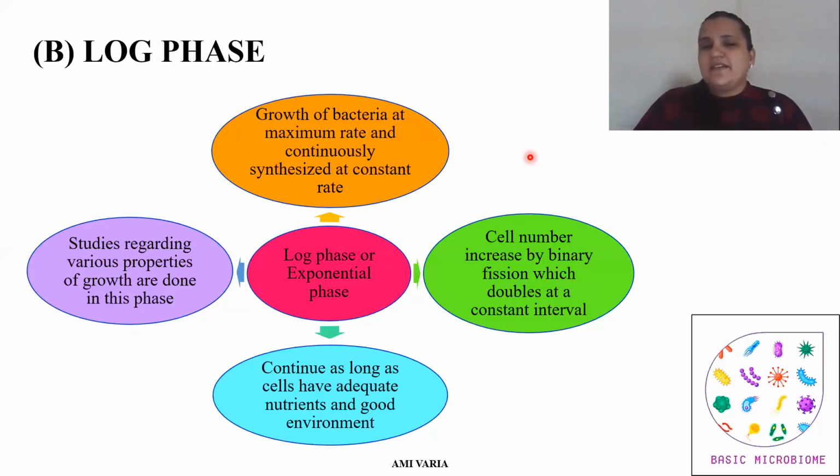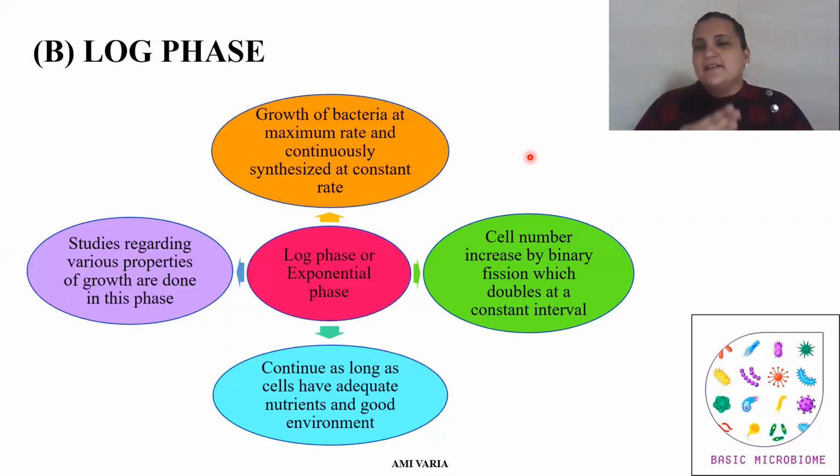The third parameter affecting the cell number increase in the log phase is the constant metabolic activity, so the respiratory oxygen demand of the bacteria also increases.